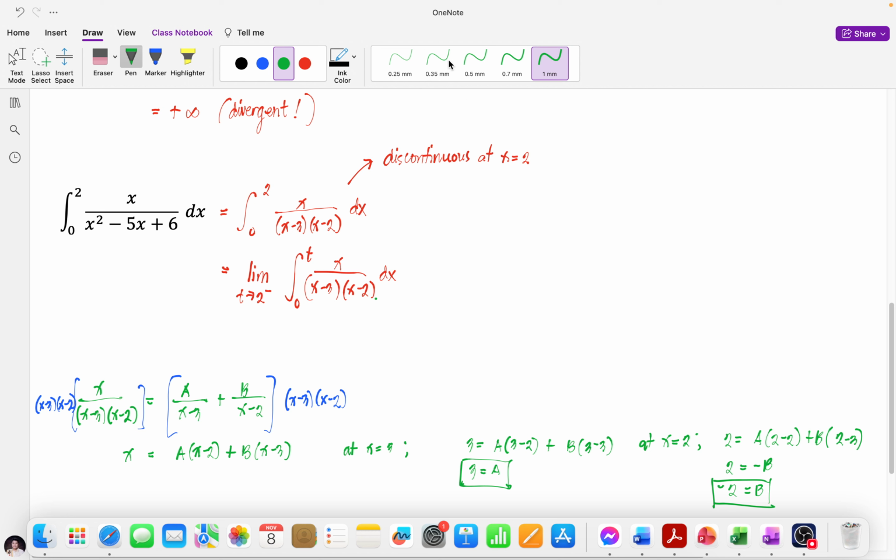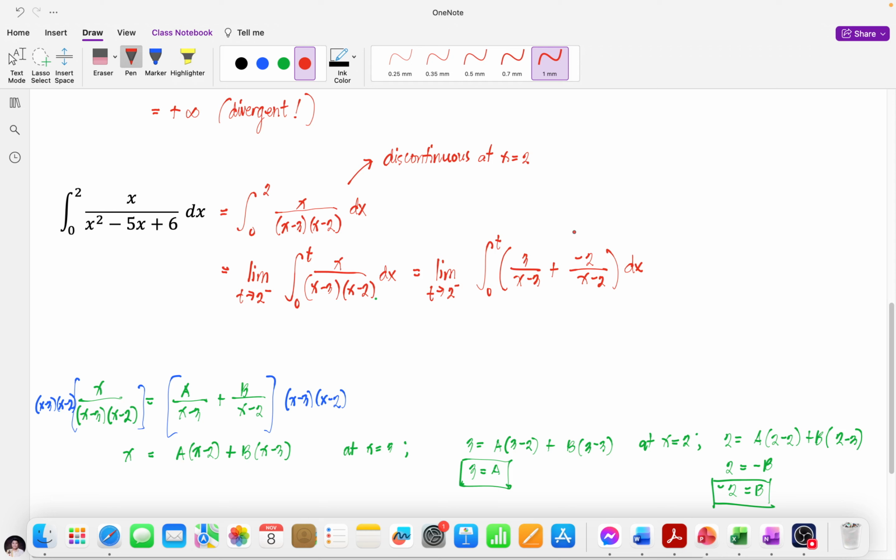Okay? So therefore, this one can be written as the limit of the integral of 3 over x minus 3 plus negative 2 over x minus 2 dx from 0 to t as t approaches 2 from the left. Okay?